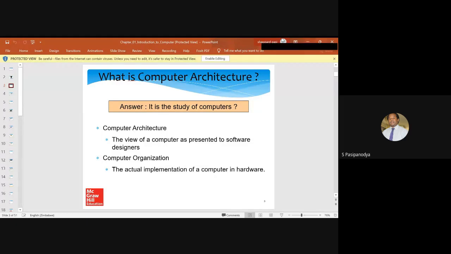So at the end of the day, you will then realize that the architecture of any computer is the view of the computer as presented by a software designer. You need to be in a position where you understand how the computer is logically connected, so that at the end of the day, you then have a fully functional computer that is capable of achieving your intended objectives.